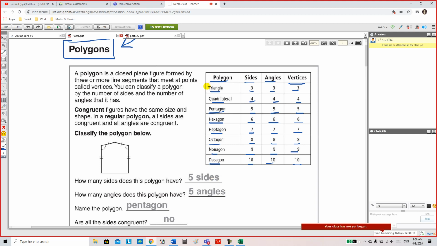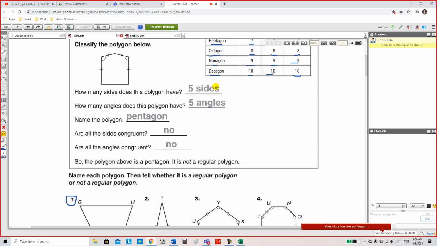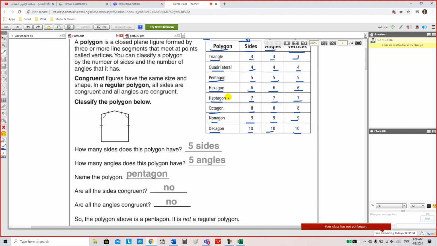According to its number of sides, we can determine the type of polygon. Firstly, we have here in this table each name of the polygon and the number of sides, the number of angles, and the number of vertices of it.